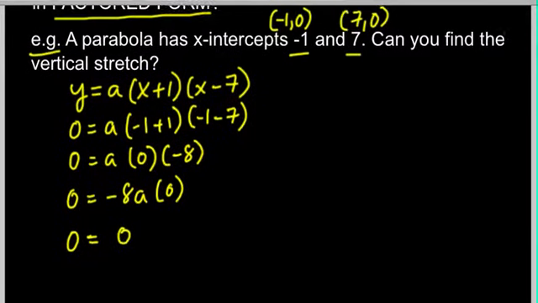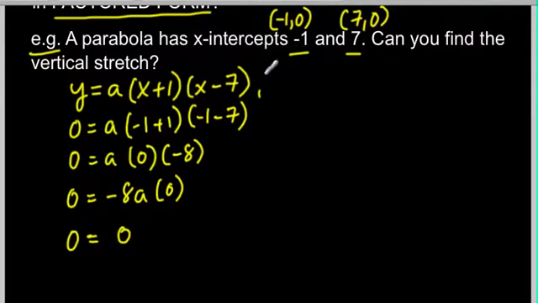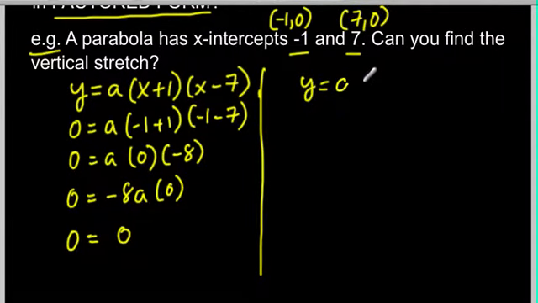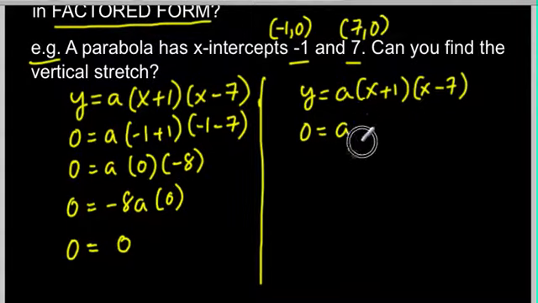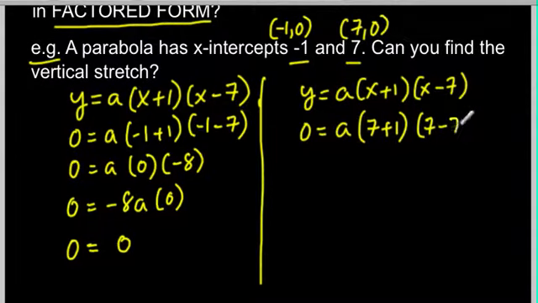Now let's try it with the other coordinate. Maybe we might get lucky, so let's just see. Once again, y is equal to a, (x plus 1), (x minus 7). Let's plug in this point. Here's the x, here's the y. So 0 is equal to a, this time x is 7, so (7 plus 1) and (7 minus 7).